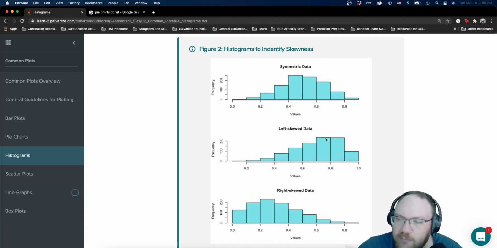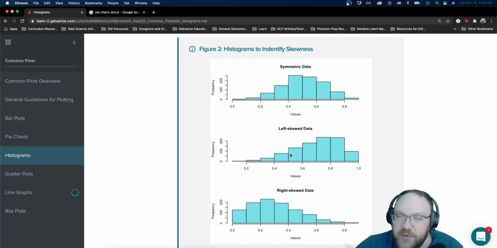In general, most of the data is centered between 0.6 and 1, but I do have some low outliers, values between 0 and 0.2, down here on the very left side of the plot. So this is telling me that my data is not symmetrical.